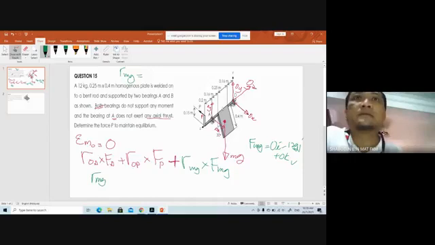R from MG is equal to I plus J plus K. All the distances are given, but in K it is 0.16 plus half of this.